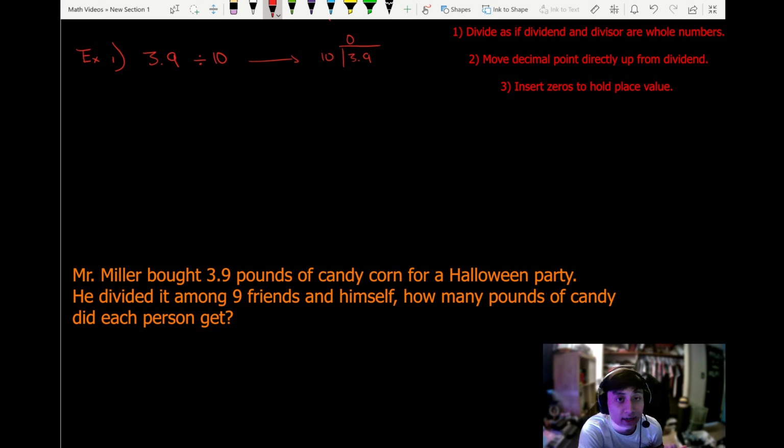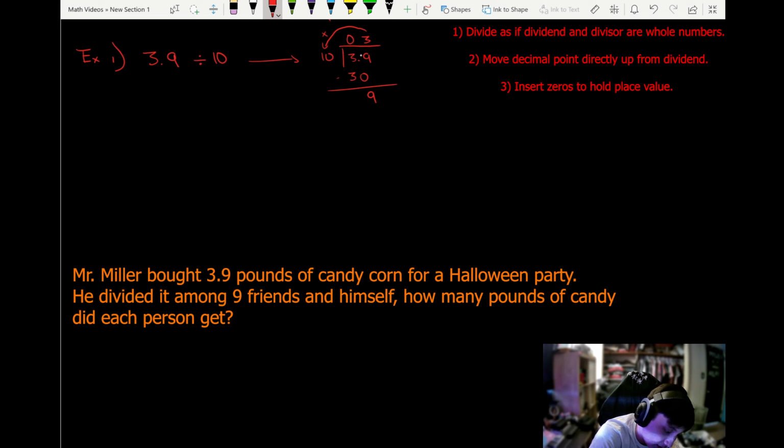How many times does 10 go into 39? 3 times. 3 times 10 is 30. And now we have 39 minus 30, which is just 9.